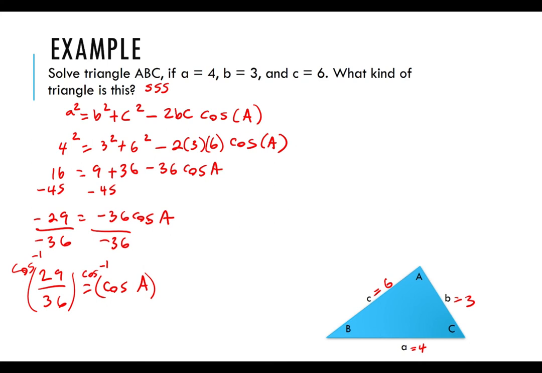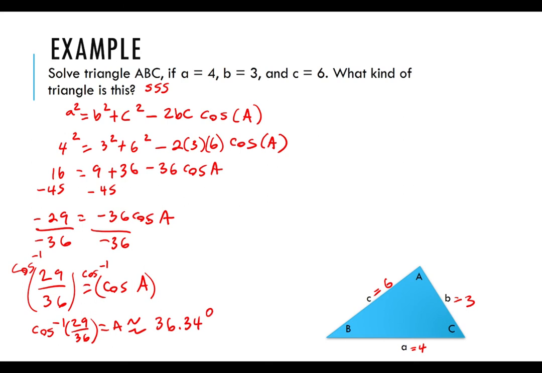That's really a nice thing, because we know that whatever we get here for A will be the correct answer for A. And so A is equal to cosine inverse of 29 over 36. If we have to approximate, we'll round to 2 decimal places. And I get that rounded to 2 decimal places, this is approximately 36.34 degrees.